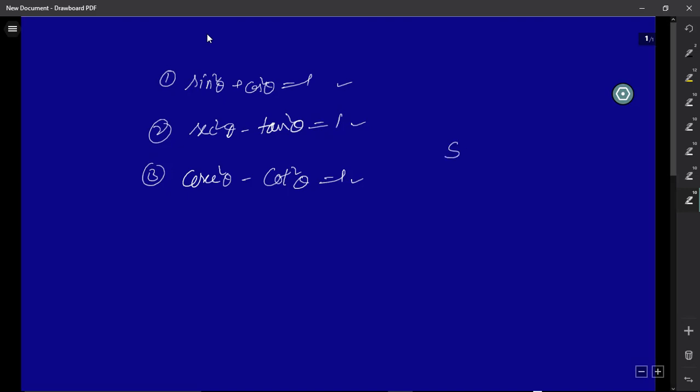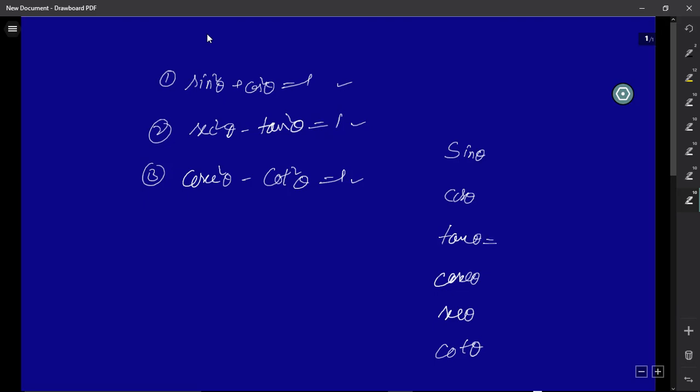I have told you previously we have a set of 6 trigonometric ratios: sine theta, cos theta, tan theta, cosecant theta, secant theta, and cot theta.